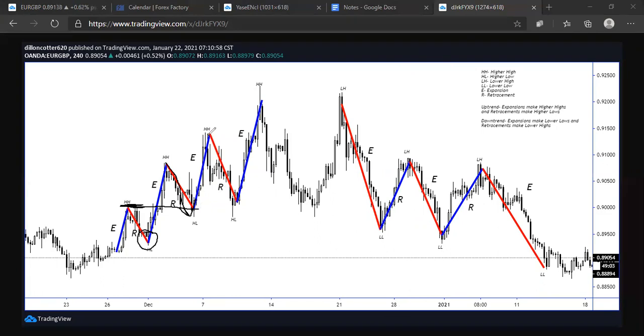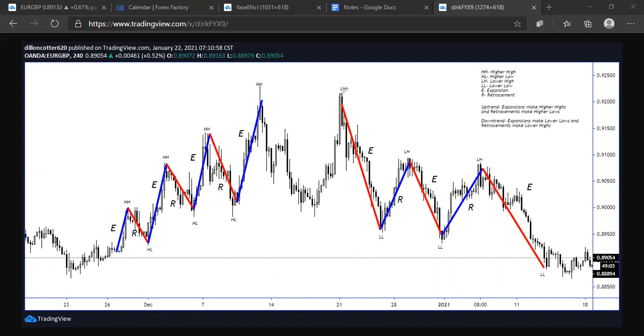Now, if we look at this new expansion right here, this came back down like almost all the way, almost even making equal lows. But look, here's where the close was, and here's where this close was. You see how it's just a little bit higher? That's still giving us bullish price action. And what do you know after that? We get a huge expansion, that final expansion up to the upside.